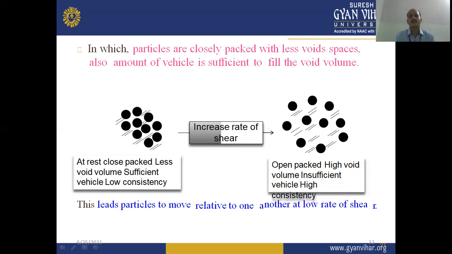So particles are closely packed with less void space, and the amount of vehicle is sufficient to fill the void volume in the resting condition, whereas after increasing the rate of shear the particles are openly packed, the void volume is higher and the vehicle is insufficient, so the consistency is higher. This leads particles to move relative to one another at low rate of shear. So this is the mechanism or concept of dilatancy.